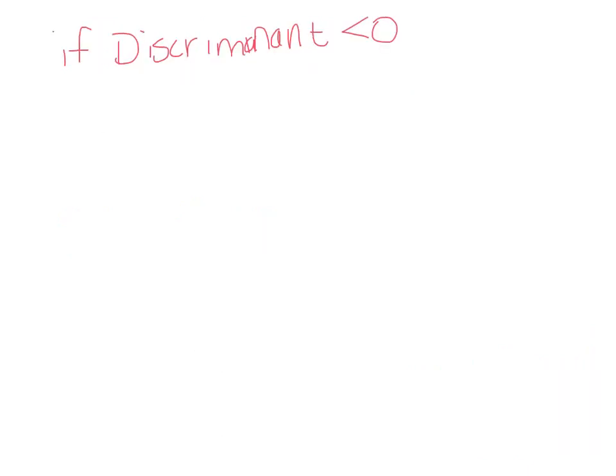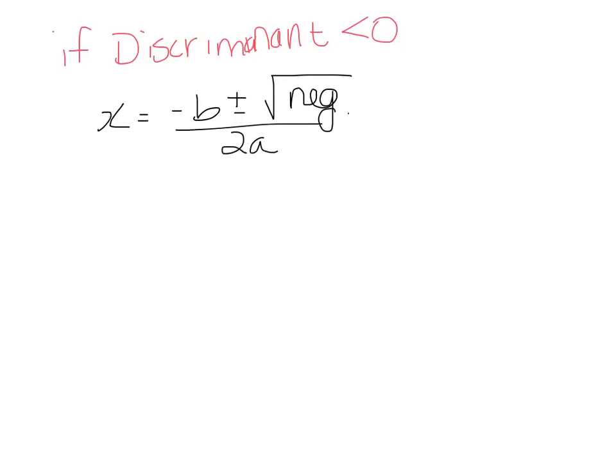Another thing that can happen is if the discriminant is not 0 but less than 0. Then you're looking at x equals minus b plus or minus the square root of a negative number, all over 2a. You know that the square root of a negative leads to imaginary numbers.